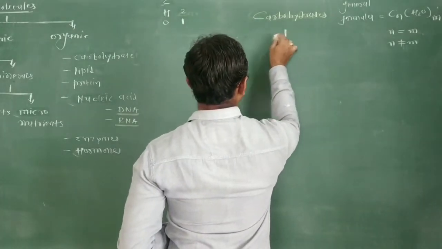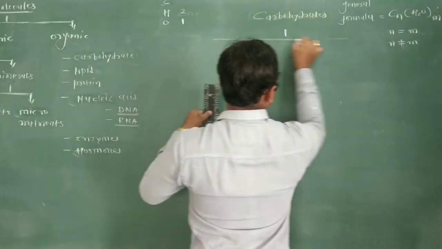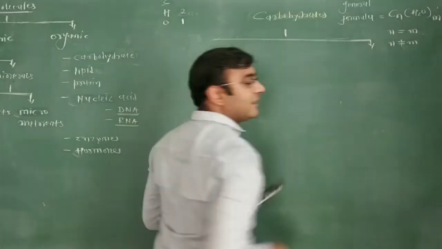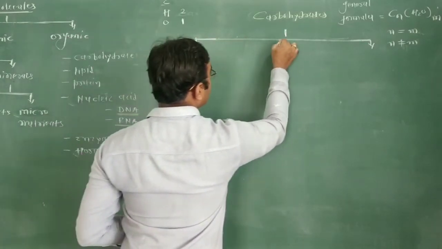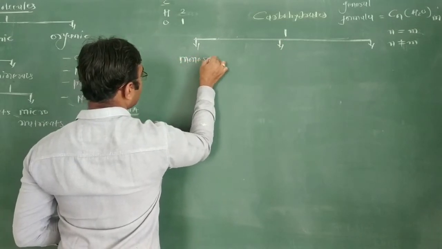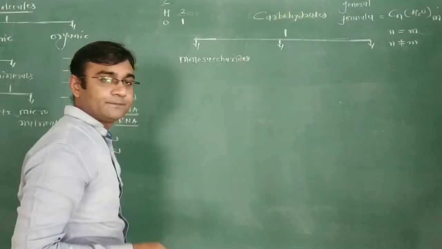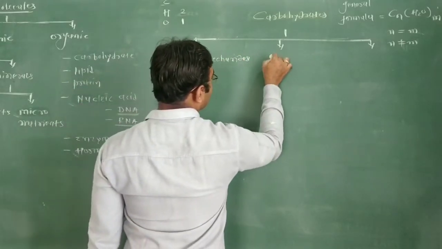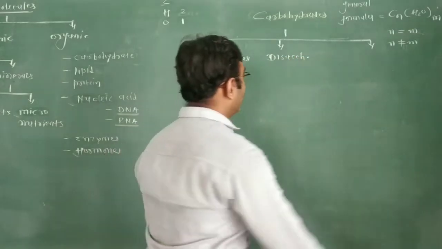Carbohydrate is categorized into three types: monosaccharides, disaccharides and polysaccharides.